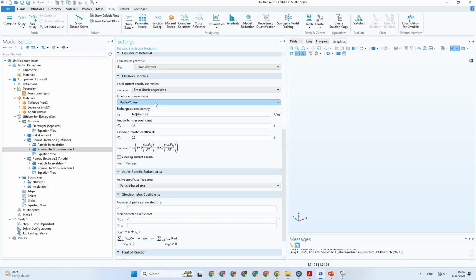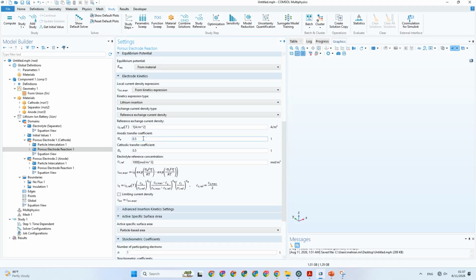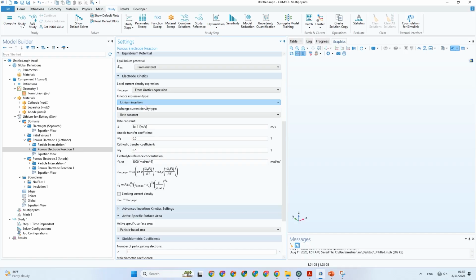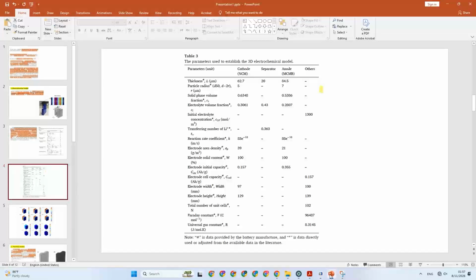If we choose, for example, lithium insertion, no, there is no reaction rate constant. Oh, if we choose lithium insertion, we can see the rate constant. But what is Butler-Volmer? I don't know. Okay, here reaction rate coefficient.